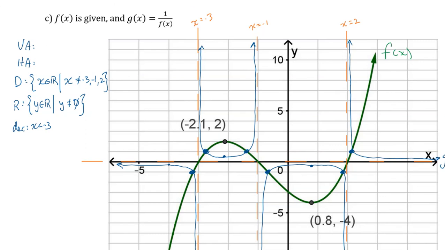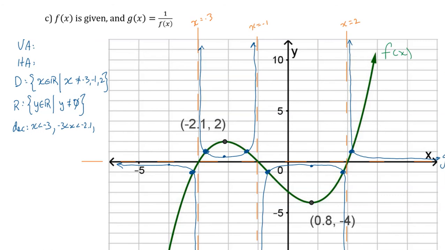And it's still decreasing here to that point. And that point is negative 2.1. It's given to you. So in a case like this, you need that point so that you can define your intervals. So from negative 3 less than x less than negative 2.1.